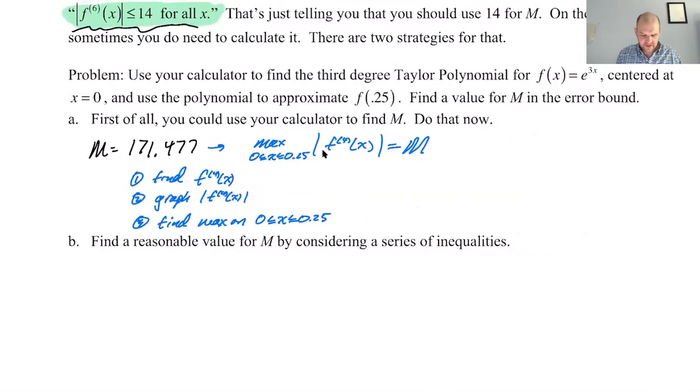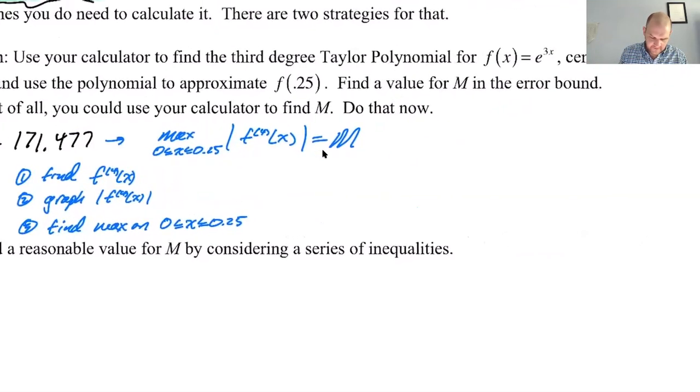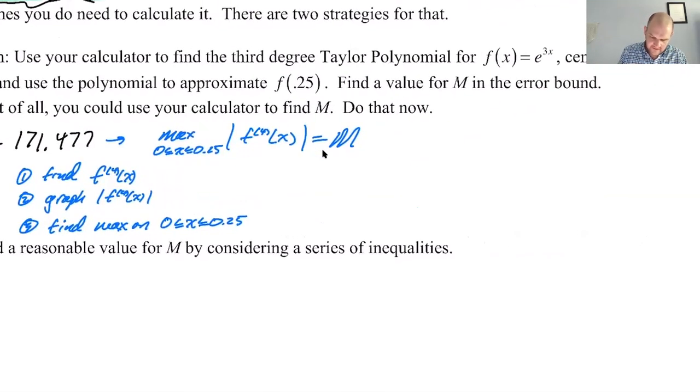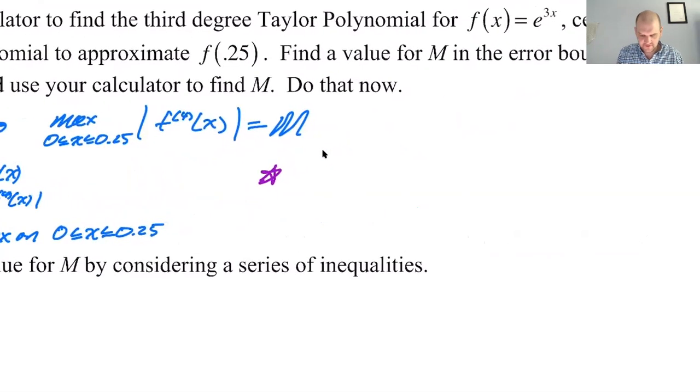It also involved us using the calculator, and the biggest crime we committed here is that technically the M that we found, this isn't going to work for a really clear reason when you think about it. In our case, M was equal to exactly 81 times e to the 0.75, but this is what we were trying to approximate, right?